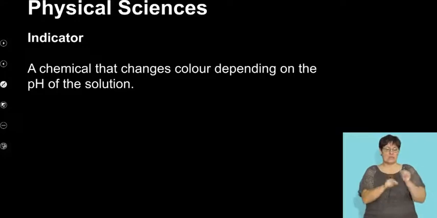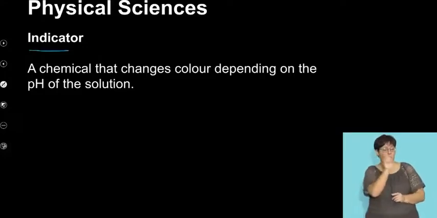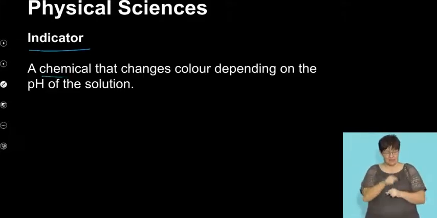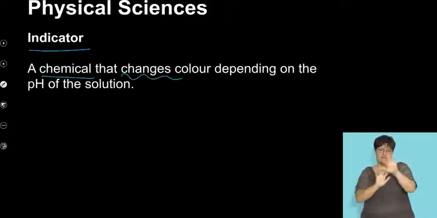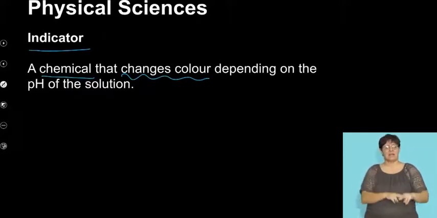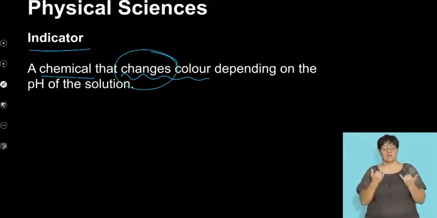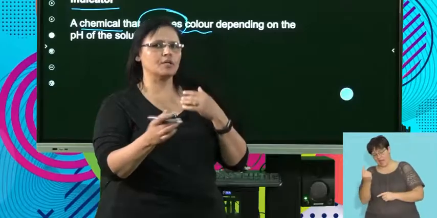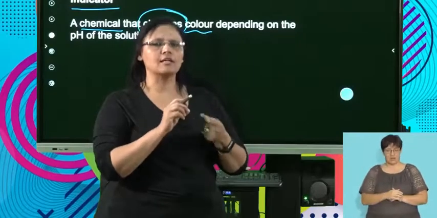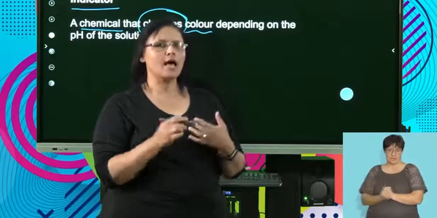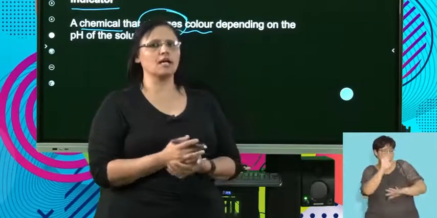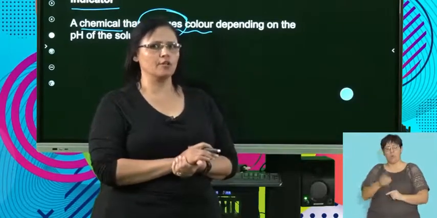The chemicals that we use are called indicators, and an indicator is a chemical that changes its color depending on the pH of the solution. When we have that change in color, going from one color over to another color, we know that some reaction has taken place, and we might even, according to the color, know if that was the endpoint or not.